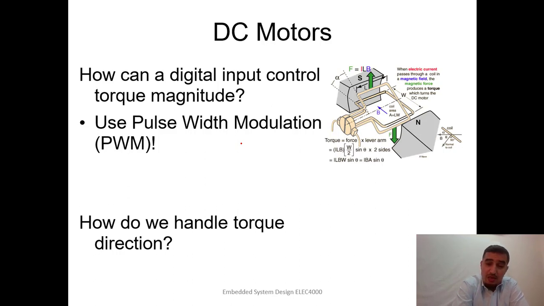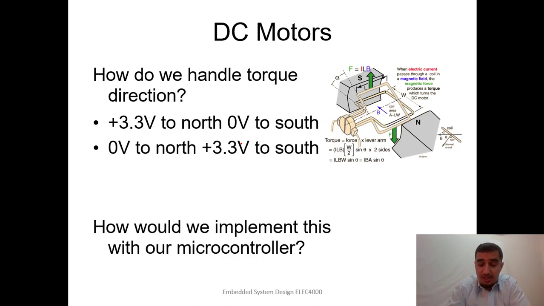And then how can we handle the direction? This is basically handled by changing the direction of the current. So we have 3.3 volts to north and 0 volts to south, and we have 0 volts to north and 3.3 to south. One of them will give us clockwise and the other will give us counterclockwise.